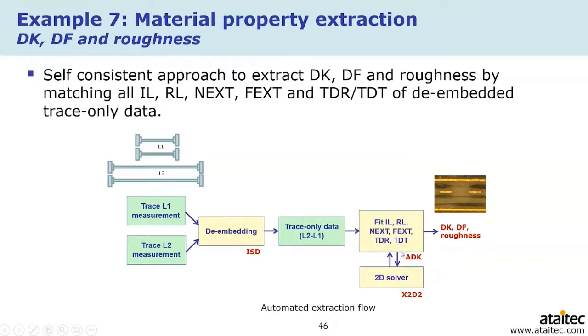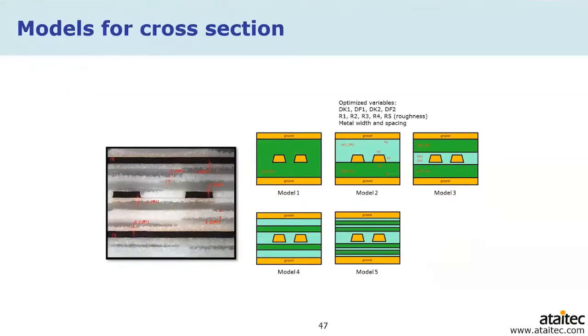And after we fit so many terms, we can feel more confident about the Dk/Df and roughness results we get. So here's one example. We can use many different models to do that curve fitting, and the results will be slightly different. And this is explained in our paper published with Cisco. You can go to our website and look at one paper under publication.